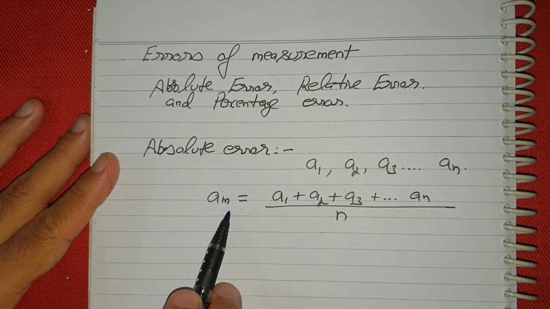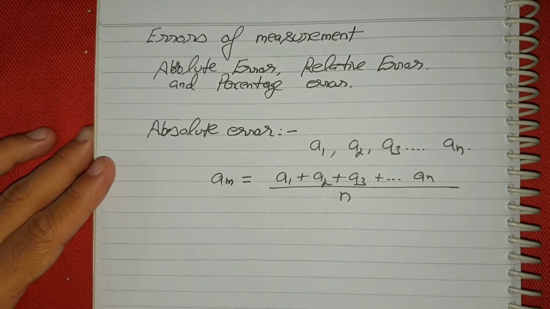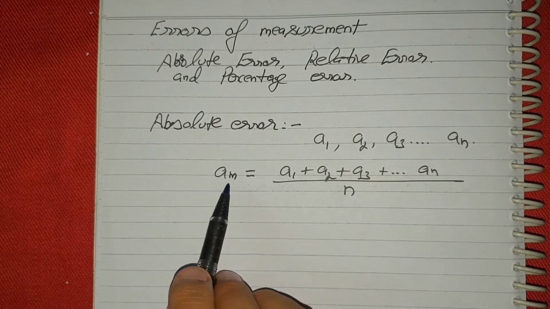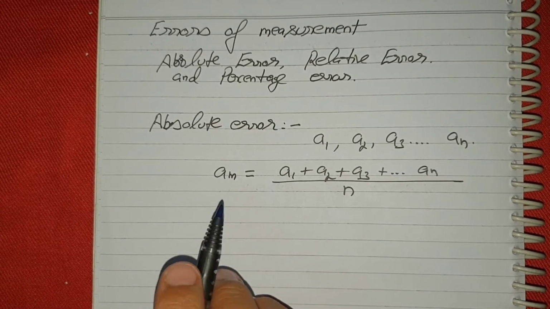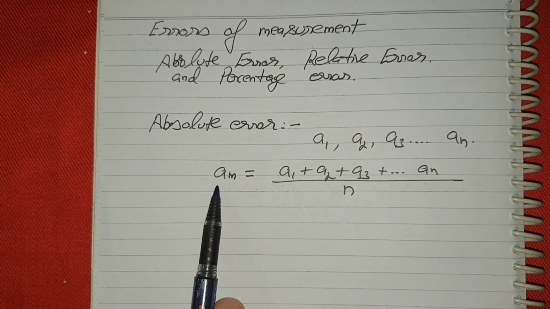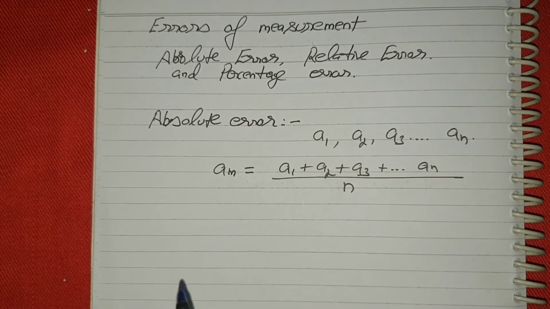Usually this arithmetic mean, AM, is taken as the true value of the quantity, because we are taking the mean of all these measured values.